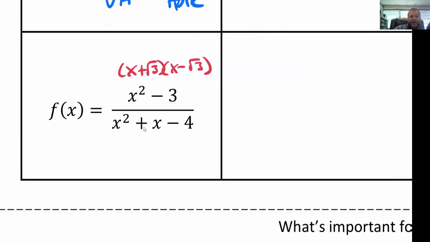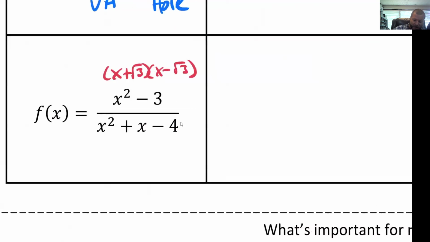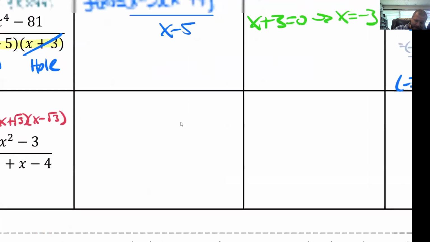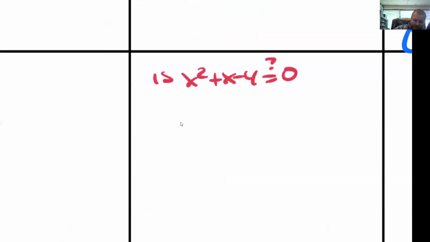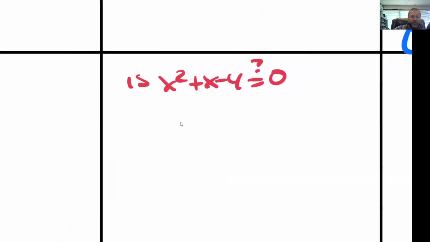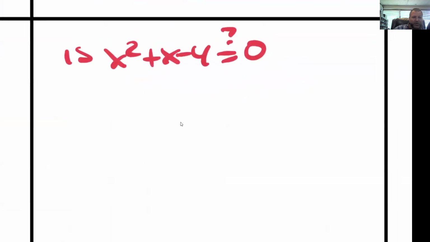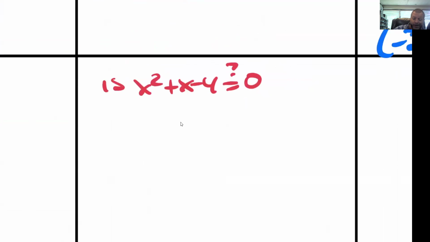This does not mean that we don't have any issues. It just means that we can't really factor it. So could this thing equal 0? Is x squared plus x minus 4 ever equal to 0? Since it doesn't factor, it's time to either complete the square or use the quadratic formula. Since most students would just go to the quadratic formula, I'll do that one.